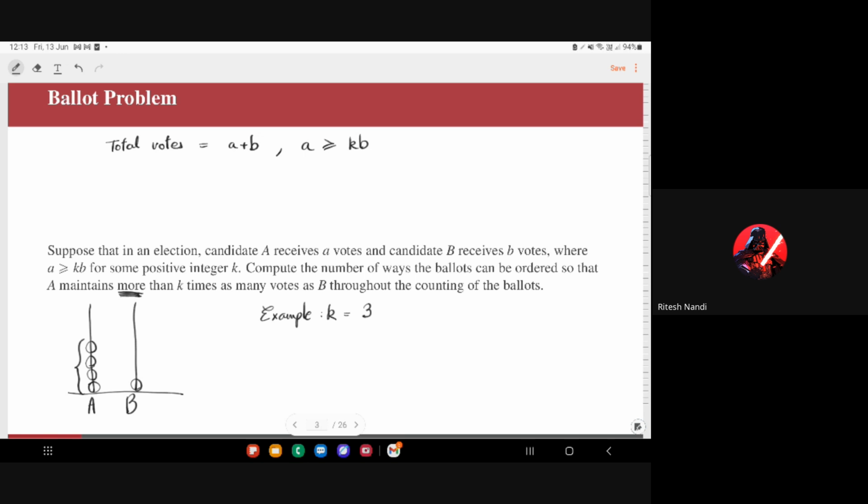And then for each case, suppose we take A equal to 3b plus 1, we count the number of combinations in this case, and then find a pattern and then probably use induction to extend that to the other values of 3b plus something. Right. Any other ideas?